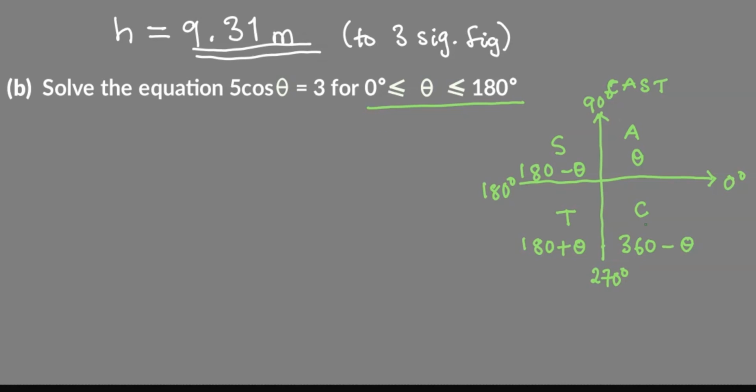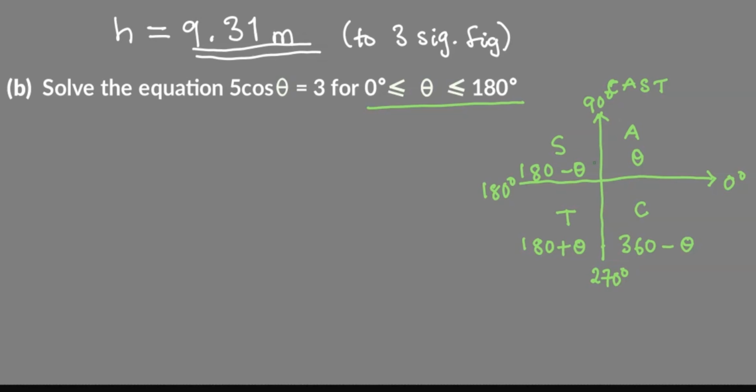However, the angles between 0 and 180 degrees, not all of them are going to have a cosine value that is positive. Anyway, let's get working and then I'll try to show you what I've just explained.